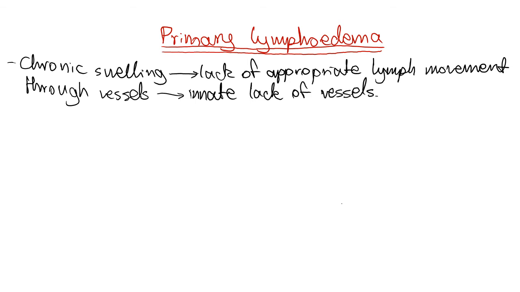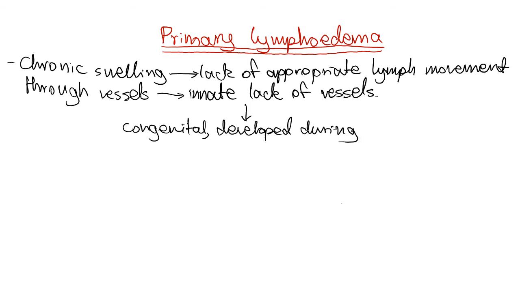So primary lymphedema is when we get chronic swelling, and that swelling is due to a lack of appropriate lymph drainage, and that drainage does not occur because we don't have lymphatic vessels to a physiological number in the first place. And as you can see, this condition can be congenital, developed during puberty, or during middle age.